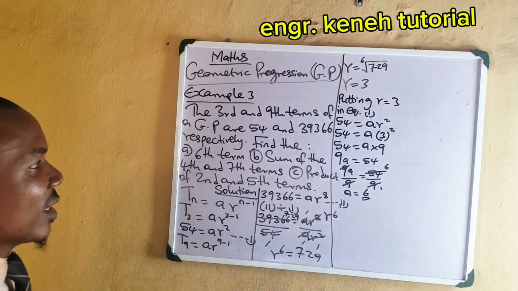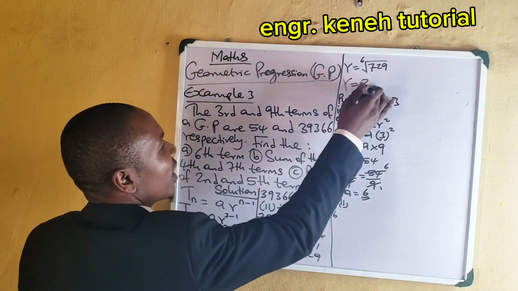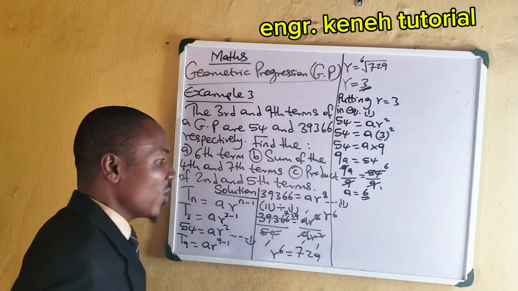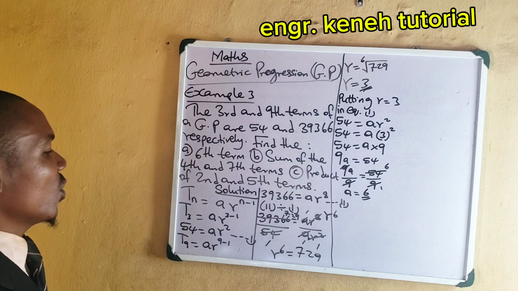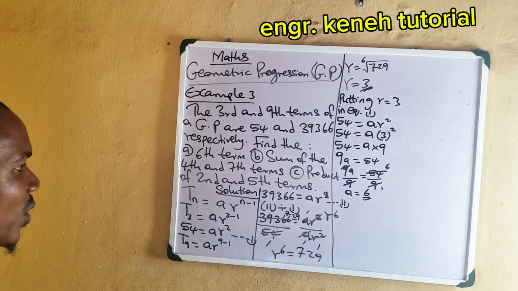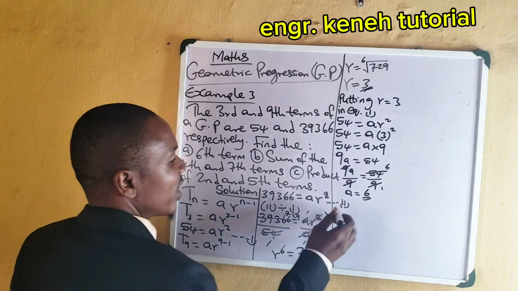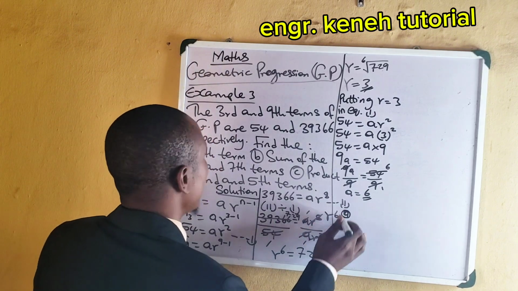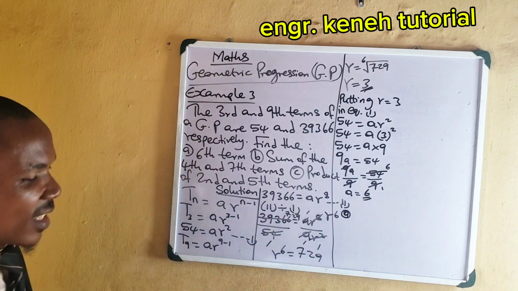Now we have obtained the value of r to be 3. We have also obtained the value of a to be 6. All right, so now let's go and solve the first question, question number A. Question A says, find the sixth term.